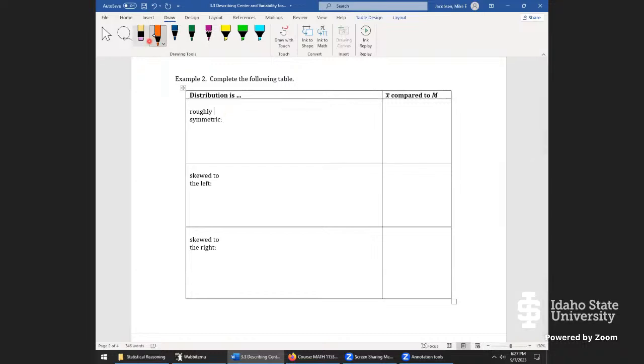Our data is roughly symmetric. Let's just put in some quick graphics just for a reminder. We would have a picture that goes about like this. That's pretty symmetric, actually. So for our roughly symmetric data, if we compared X bar against the median M, let me actually put a different color there.